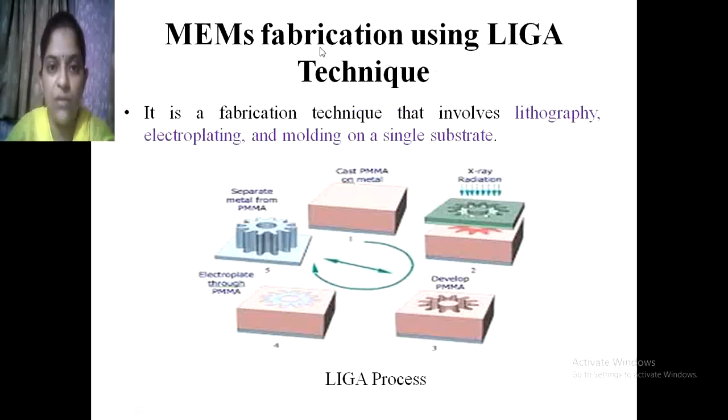Then the third method of MEMS fabrication is the LIGA technique. Here the LIGA technique is shown in this figure. This fabrication technique involves lithography, electroplating and molding on a single substrate.